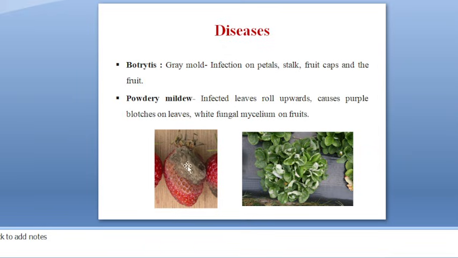That is the only thing. And powdery mildew: since it is a cool season crop, if there is high humidity followed by high temperature, that leads to the occurrence of powdery mildew. This can be controlled by application of sulfur fungicides. So these are some of the diseases in case of strawberry cultivation.